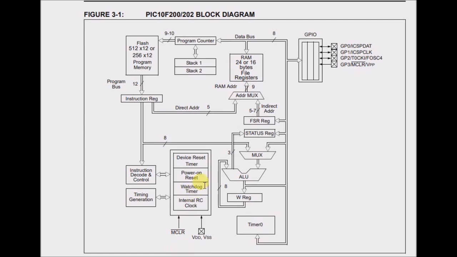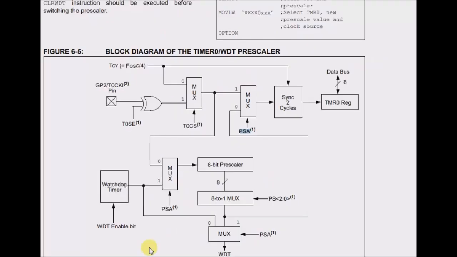And here's the watchdog timer over here, which has a roundabout way of going to the multiplexer, and Timer0 can go to the multiplexer. This is the WDT enable bit.